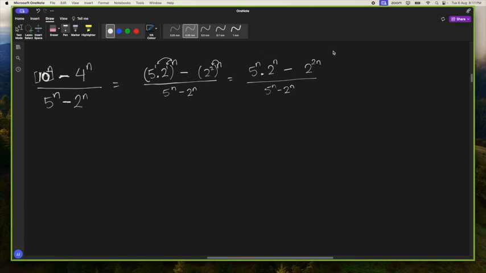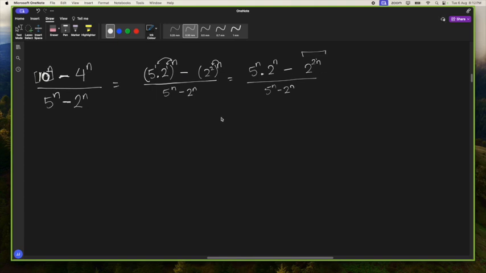If I could get 5 to the n minus 2 to the n on the top somehow, then I could cancel it, right? I'm realizing that here I have 2 to the n, but here I have 2 to the power of 2n. But what is 2 to the power of 2n? This is 2 to the power of 2 multiplied by n.